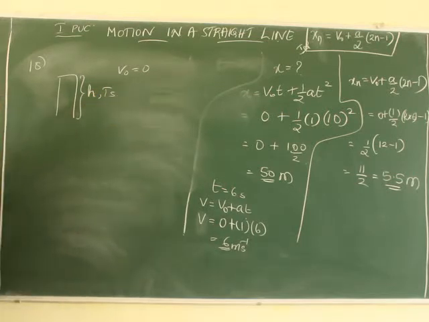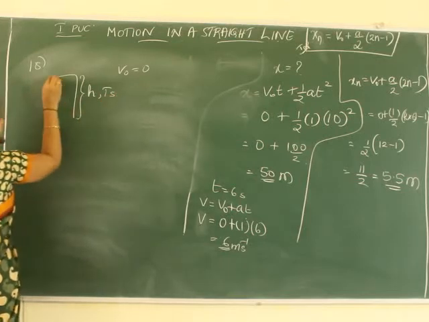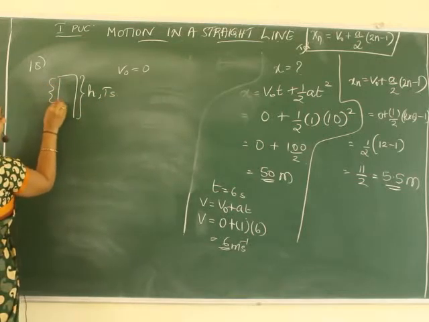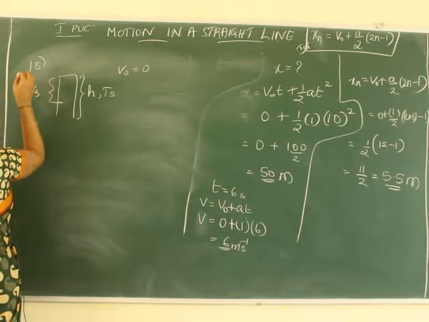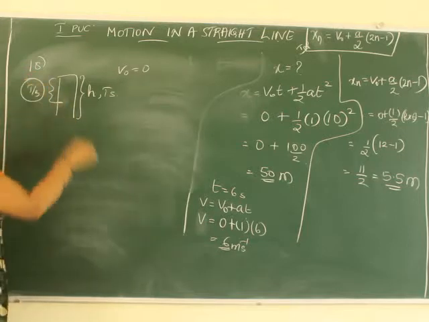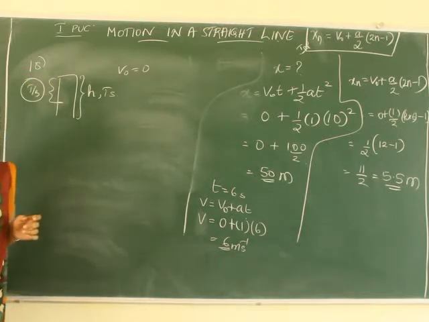Correct? What is the position of the ball at t by 3? For the full fall it is t seconds. So let me say somewhere here it reaches in t by 3 seconds. How to solve this?